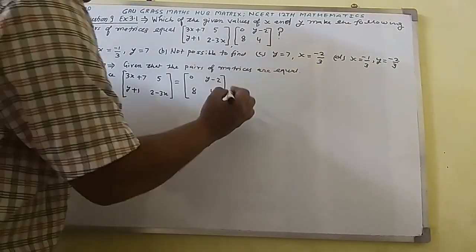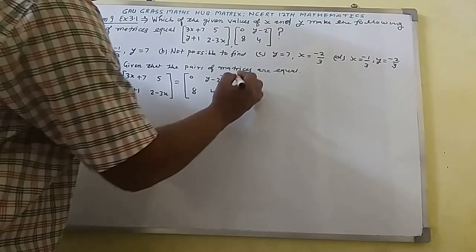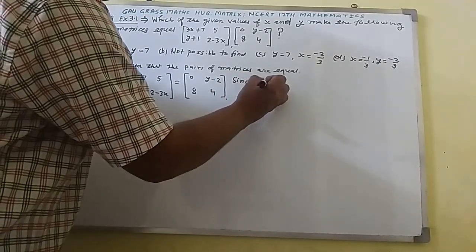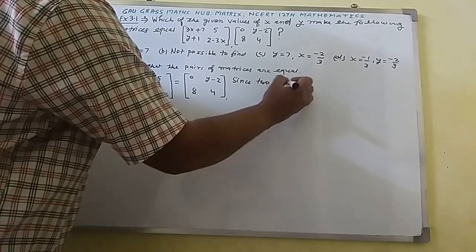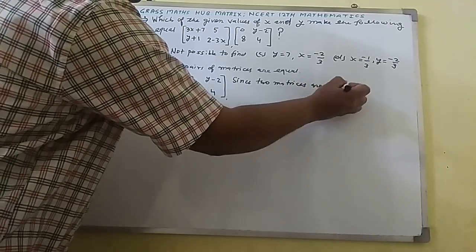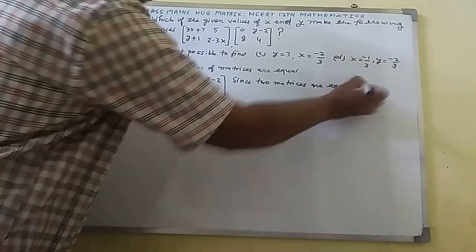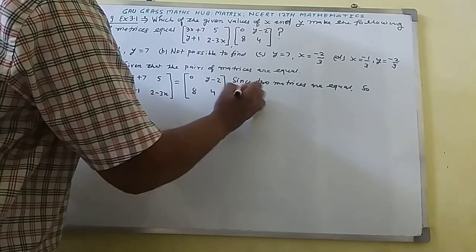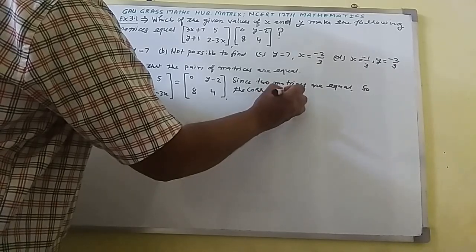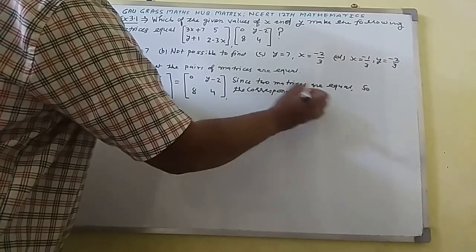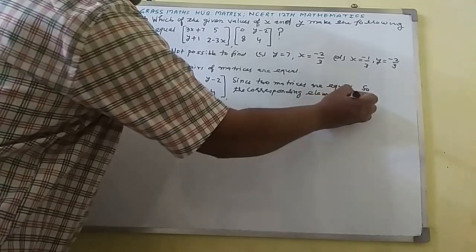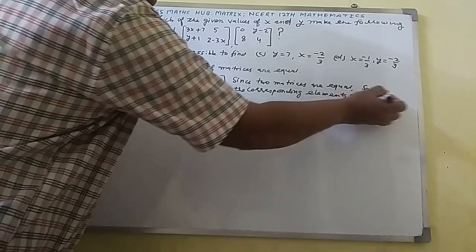So here I shall write, since 2 matrices are equal, so the corresponding elements will be equal.